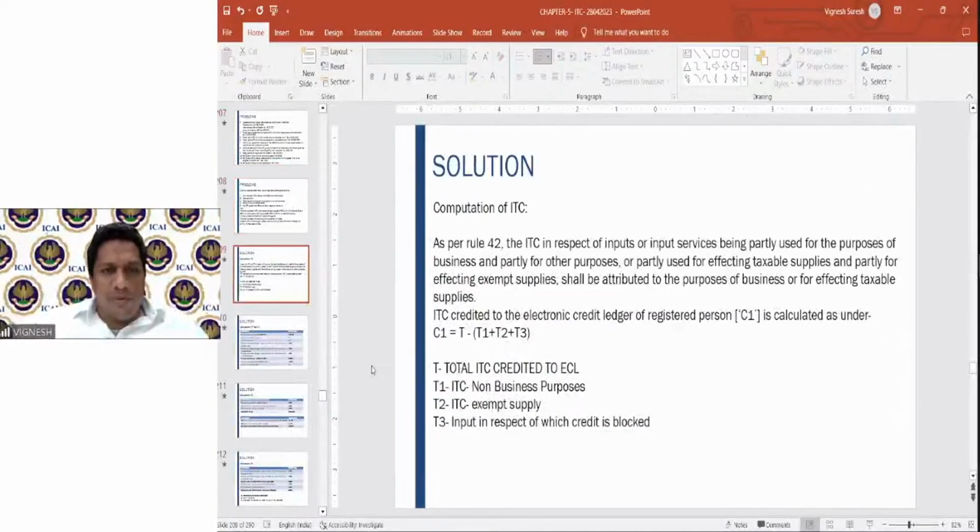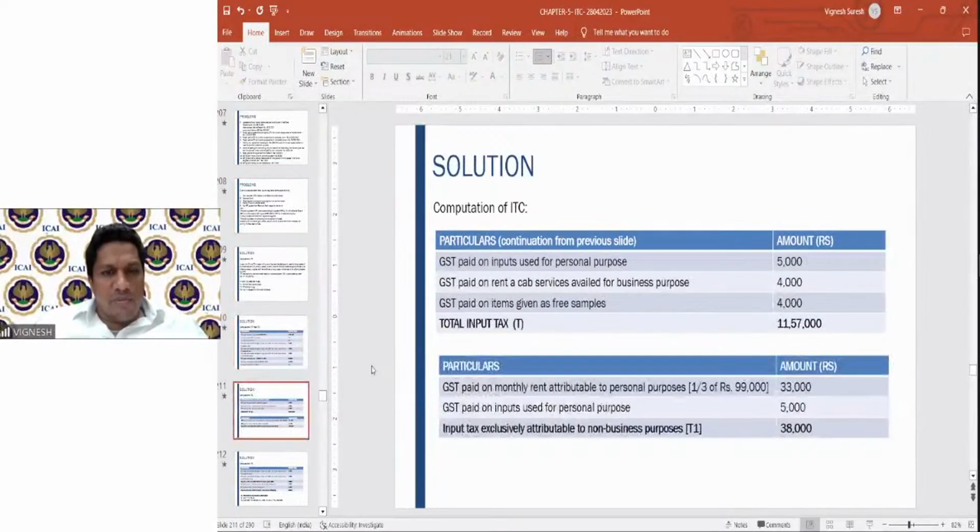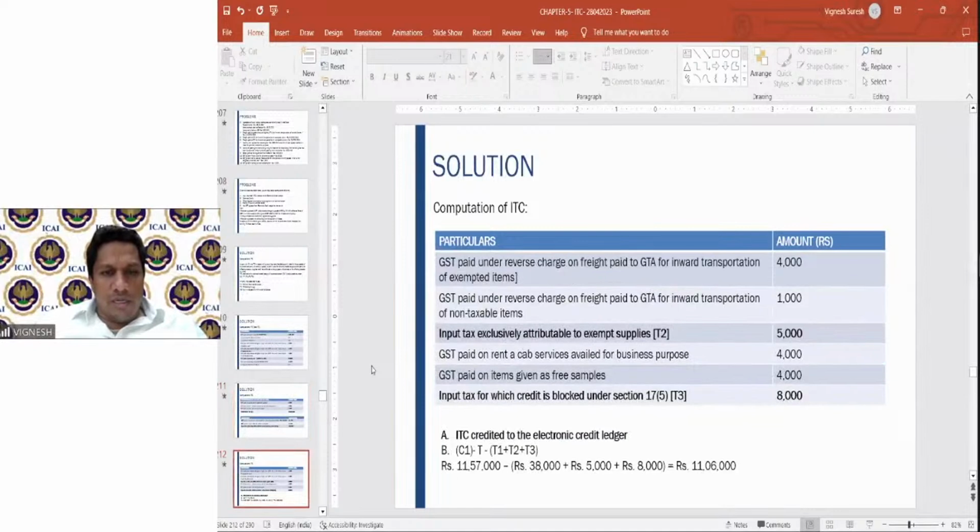So on free samples, whatever is given, you cannot claim the input tax credit. It's very clear. Okay, so it comes here, T3, input tax for which credit is blocked under 17 subsection 5. That is where it comes.